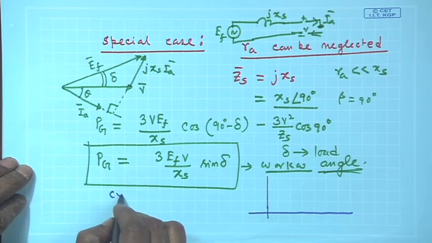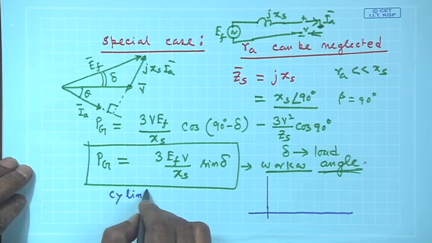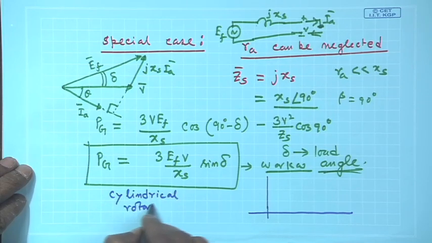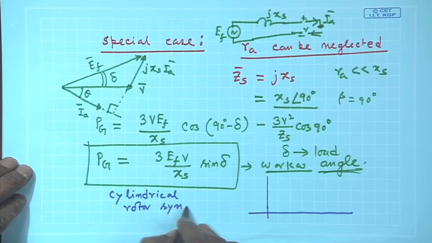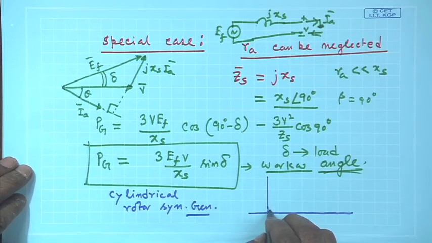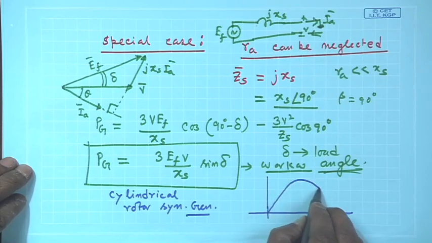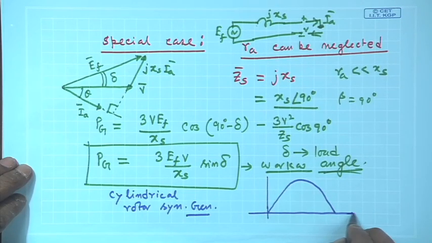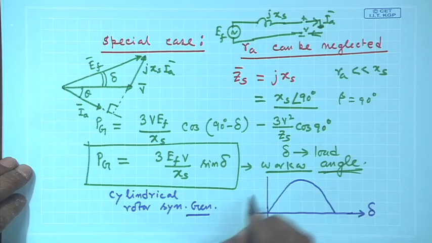These are all for cylindrical rotor synchronous machines, the cylindrical rotor synchronous generator. It will be something like this, a sine curve. This is delta and this is the real power Pg.